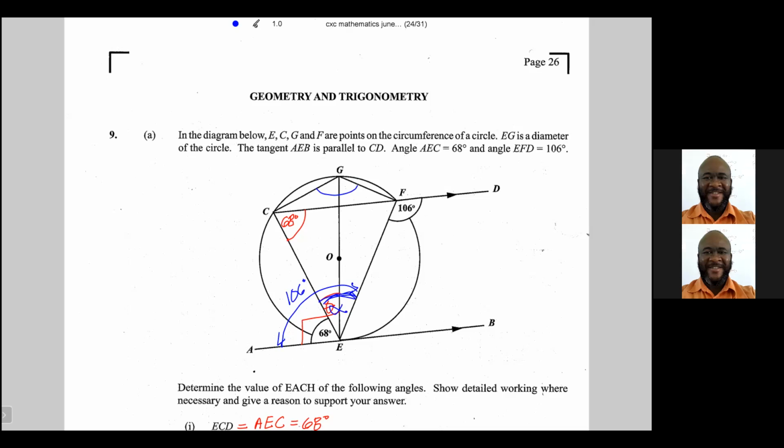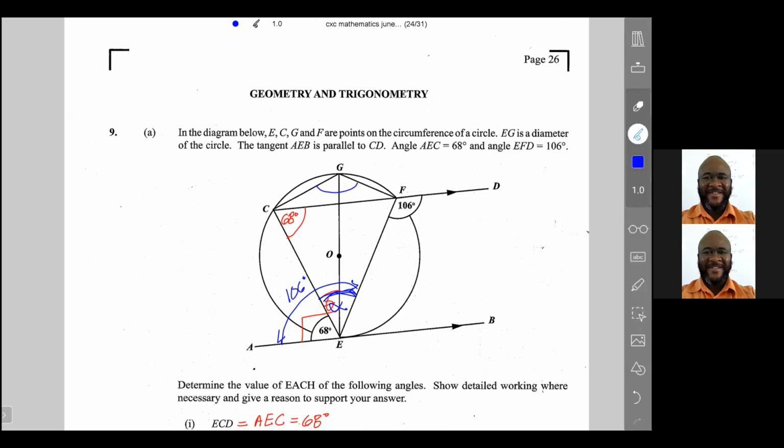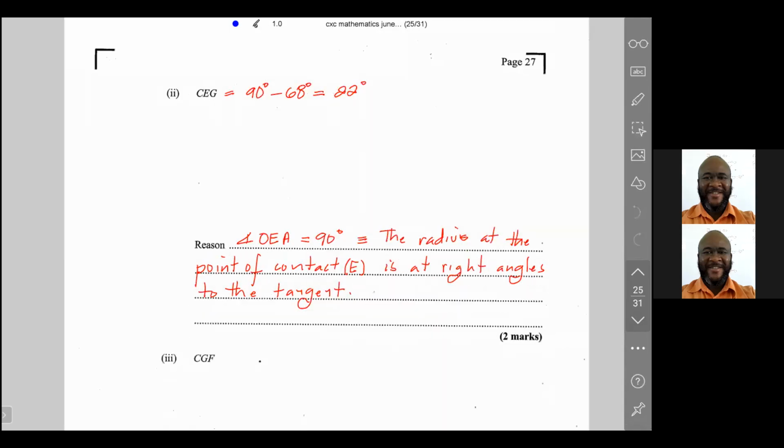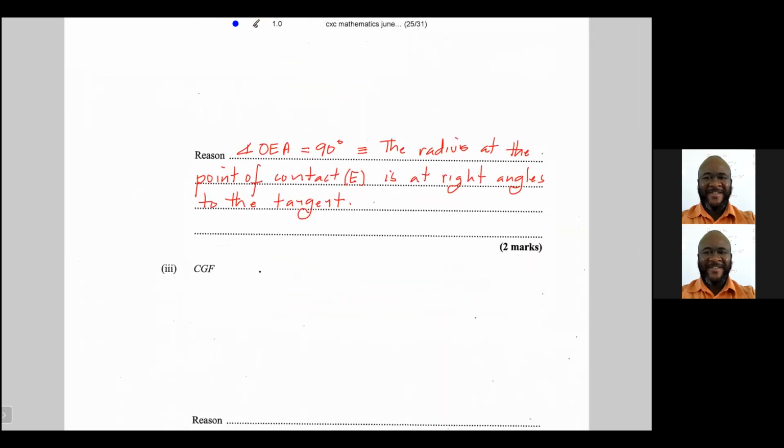So I can say angle FEA is equal to 106 degrees. So this is equal to 180 minus 106 minus 68.